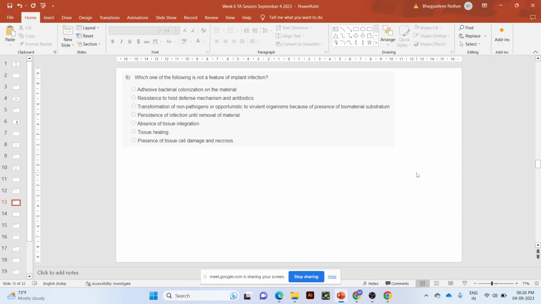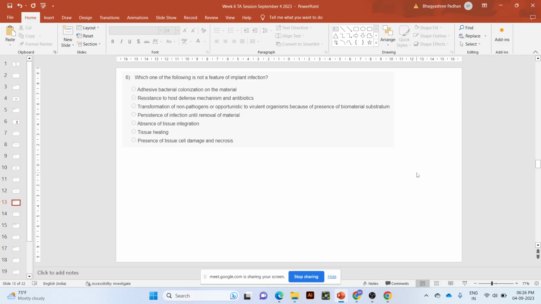And transformation of non-pathogens or opportunistic bacteria to more virulent organisms. Then the infection persists until we remove the material. And also there is absence of tissue integration because the implant is mostly covered with the bacteria. There is less space for the tissue to interact with the implant.